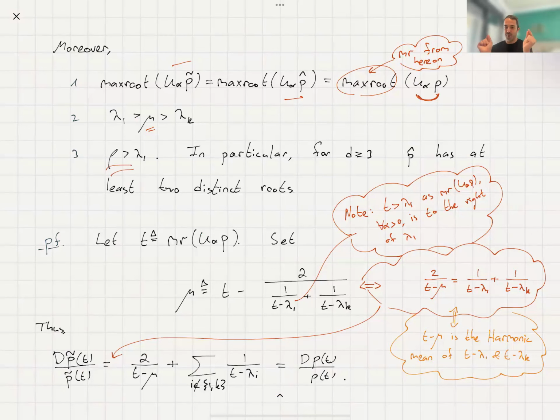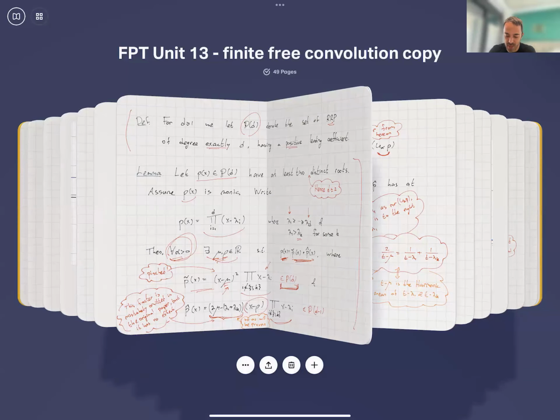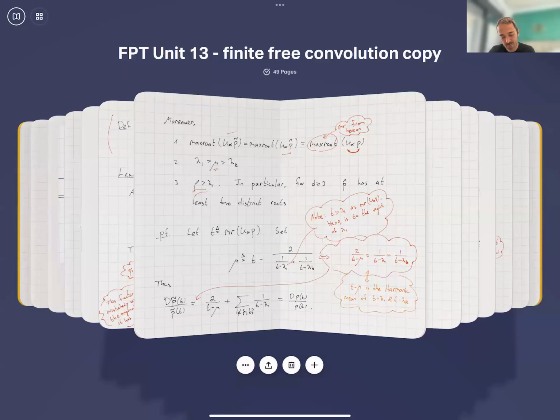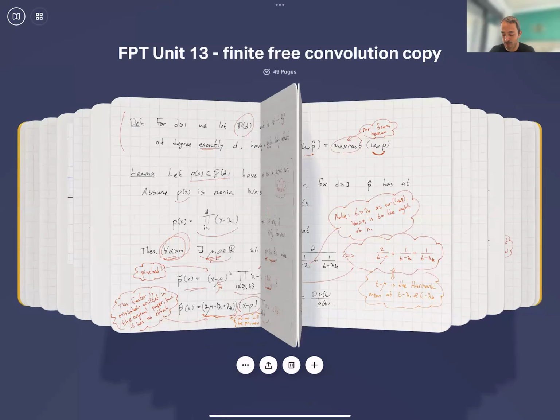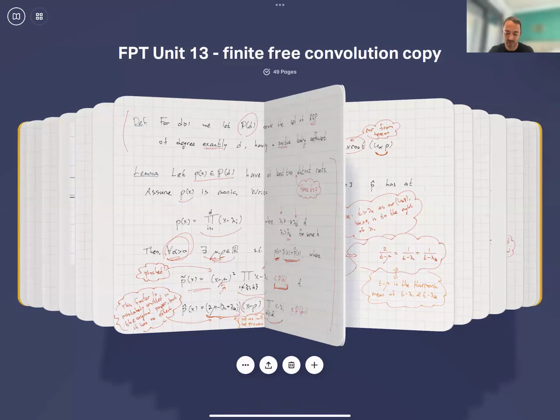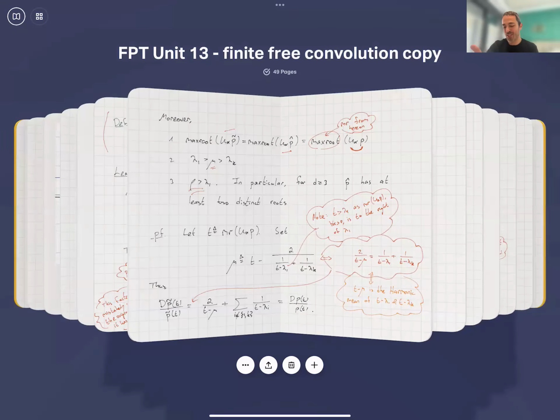Because if you have these two and you pinch it, then some kind of conservation of mass should make sure that there is something that pulls it to the right. So rho, the max root of P hat, is larger than lambda 1.